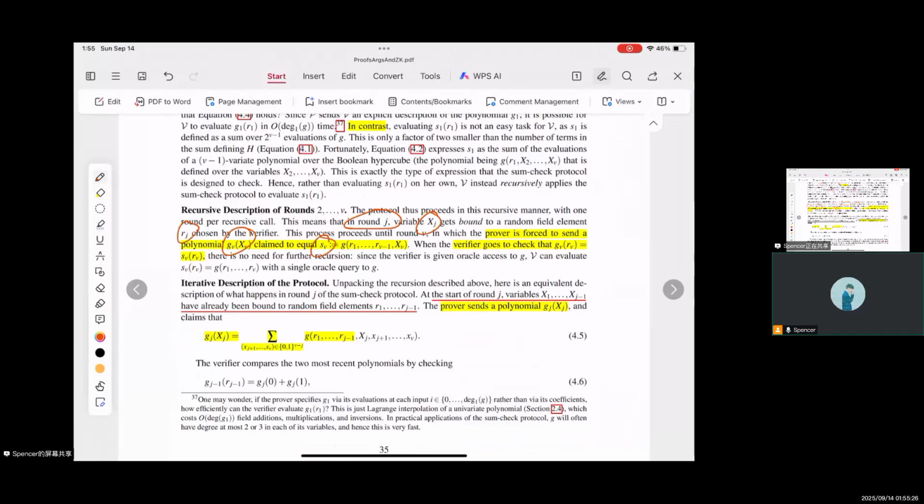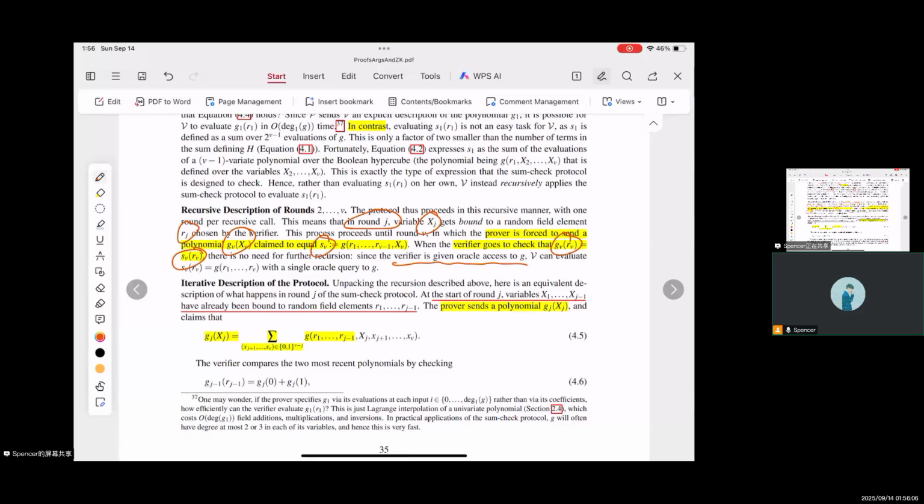So how can the verifier check? The verifier will check that gv(rv) should be equal to Sv(rv), because rv is randomly chosen by the verifier. So this randomness helps check that this equality holds. And there's no need for further recursion, because after the v rounds of this protocol, the verifier is given oracle access to the g polynomial and can evaluate.